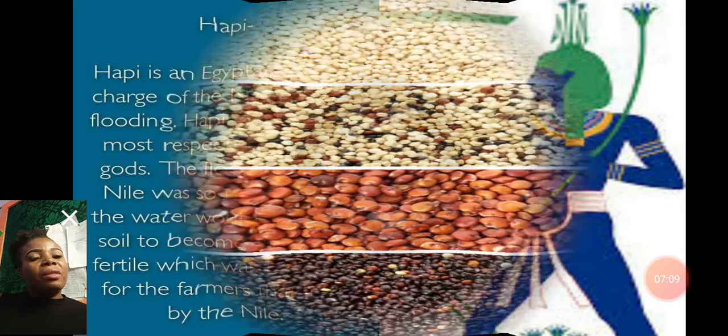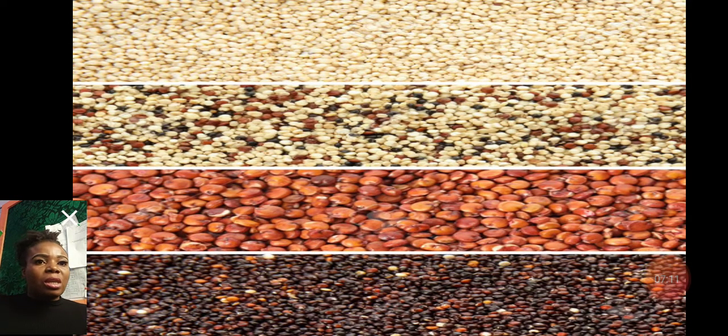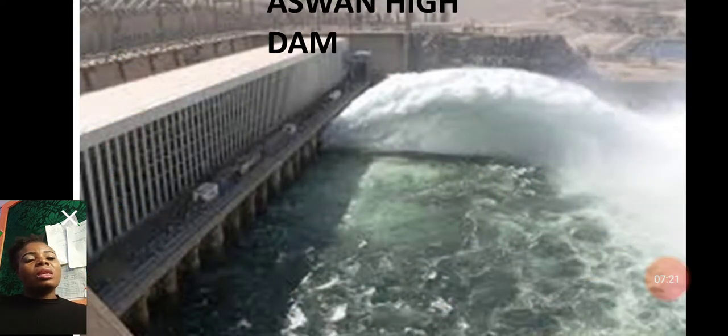Now look at the farm crops that the Egyptians produce. They produce mainly grains, barley which they use in making beer, and wheat and others. Now in the year 1970, River Nile stopped flooding. Why? Because the Aswan High Dam was built.